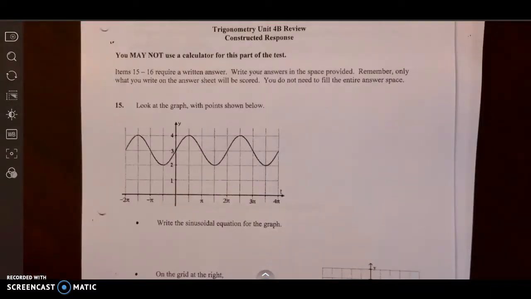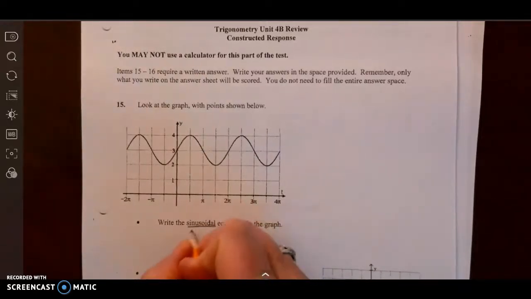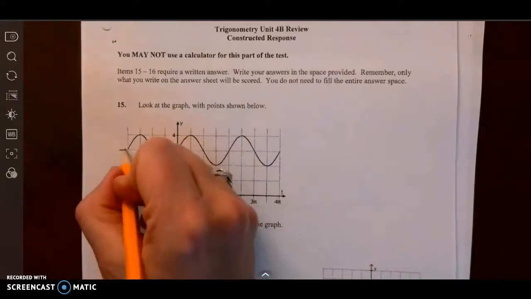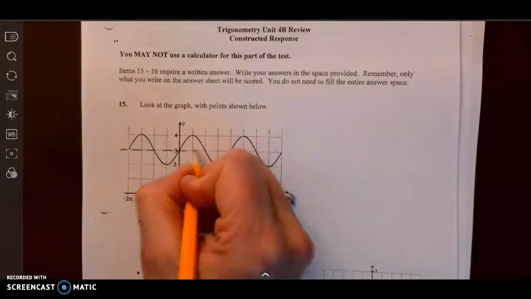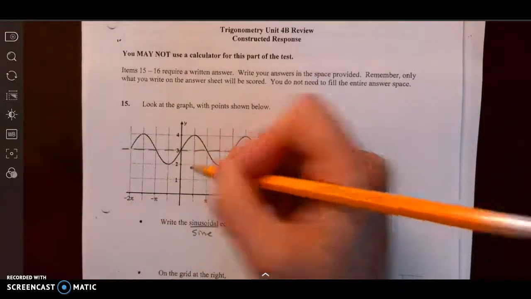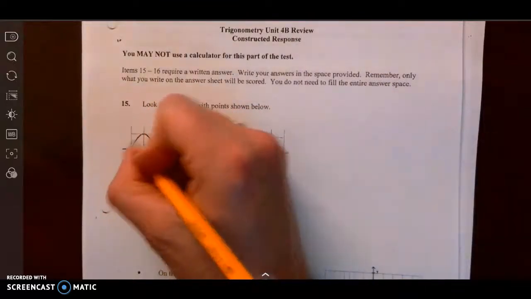For number 15, we're supposed to look at the graph, and we're supposed to write the sinusoidal. That is a very fancy word for the sine equation for this graph. All right, I'm going to start off by drawing my axis, and I check it, 1 up, 1 down. Draw my key points.